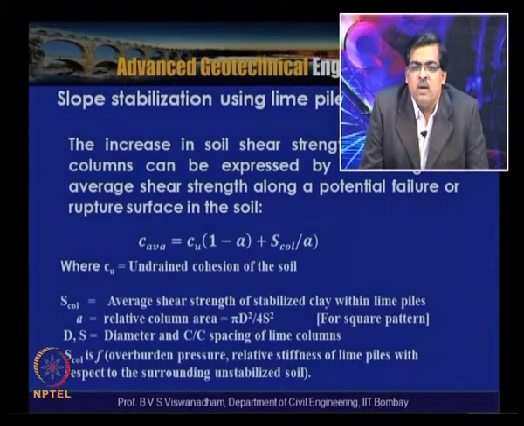Then the gain in strength, that is the average shear strength of stabilized clay within lime piles, is treated as S column divided by A. A is the relative column area, which is pi d square divided by 4 S square, where pi d square by 4 is the area of a single lime pile, divided by S square, the area covered by this lime pile.